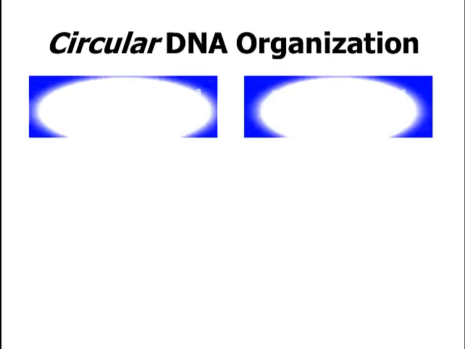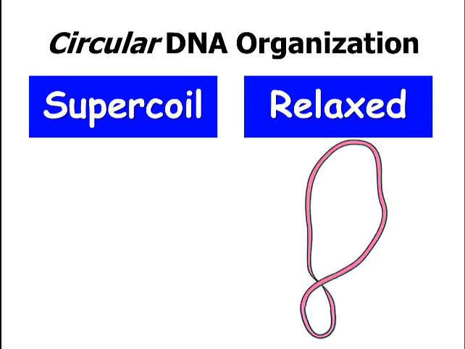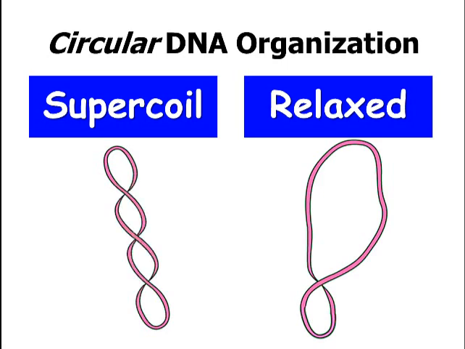Let's see the way circular DNA gets organized. This circular DNA is either supercoiled or relaxed. A relaxed circle is like this. Remember that all this pink circle is double-stranded DNA. When it turns around itself, it makes a supercoil.